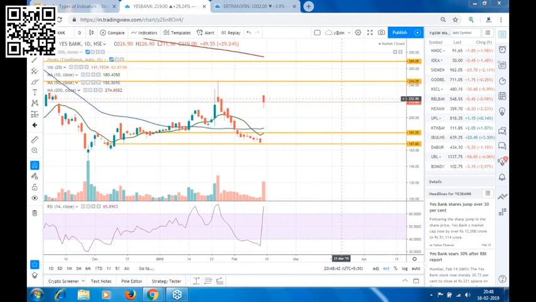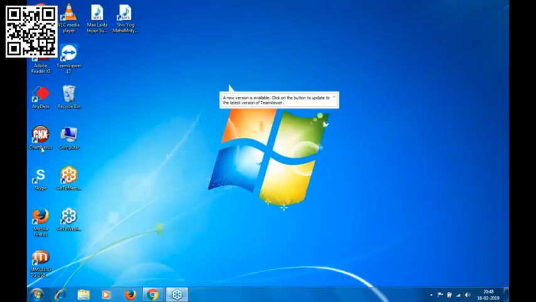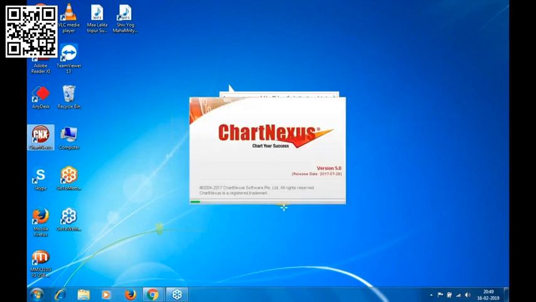And also, if you want, I'll tell you about one more app. This is Chart Nexus. You can download this app also. But in this, you can do only end of the day analysis, because the charts available are daily, weekly, and monthly.